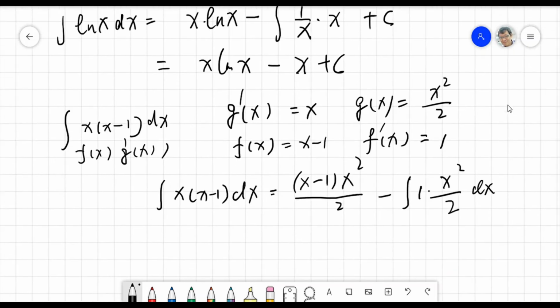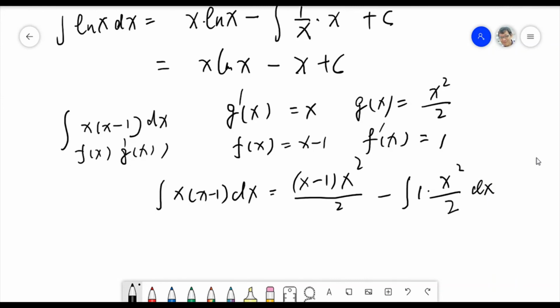So then this is what? x cubed over 2 minus x squared over 2.